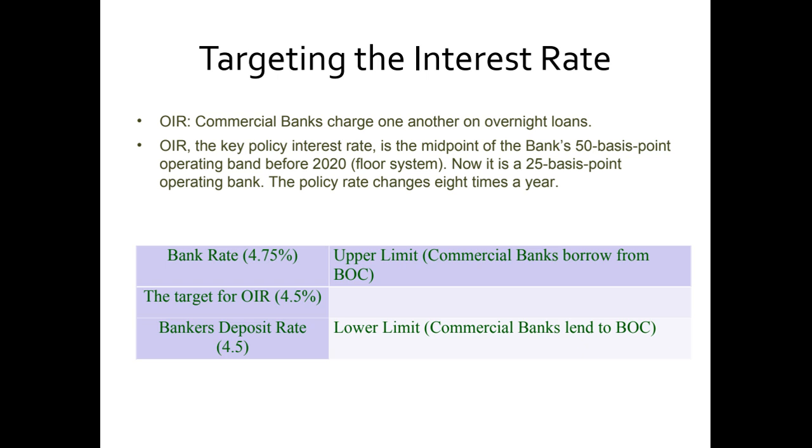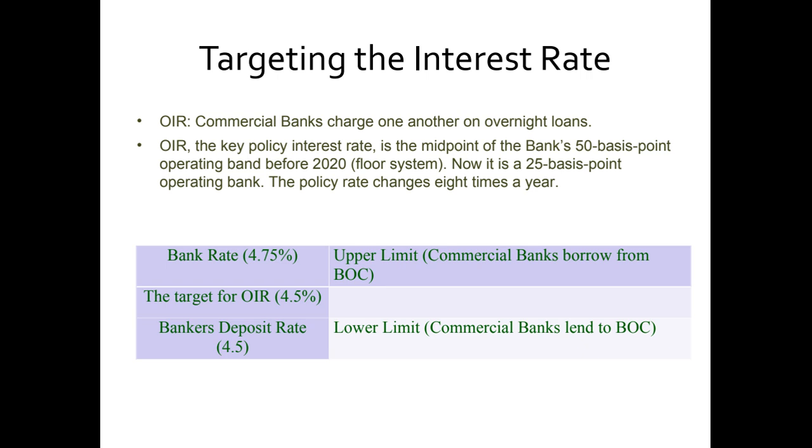So don't get confused and worried. By 50 basis points or by 25 basis points, I simply mean that the gap between the two interest rates before 2020 was 0.5%. 50 basis points means 0.5%, and 25 basis points means 0.25, that is, a quarter percentage.